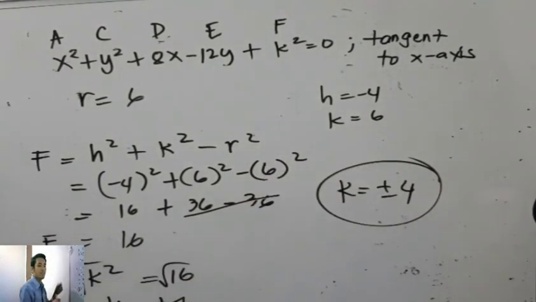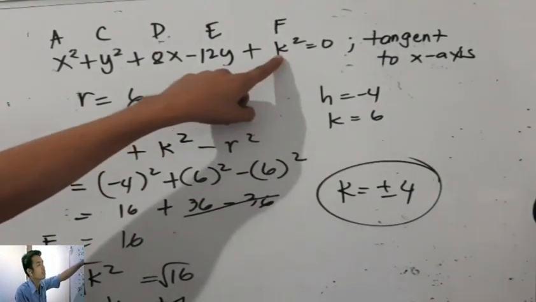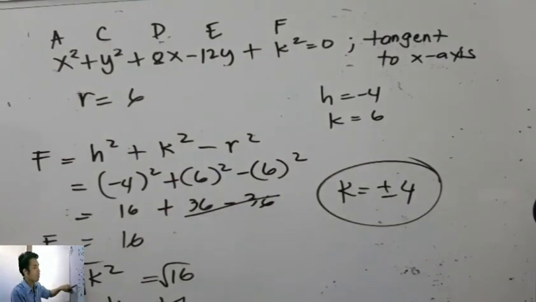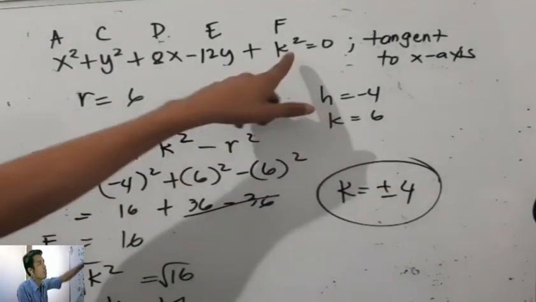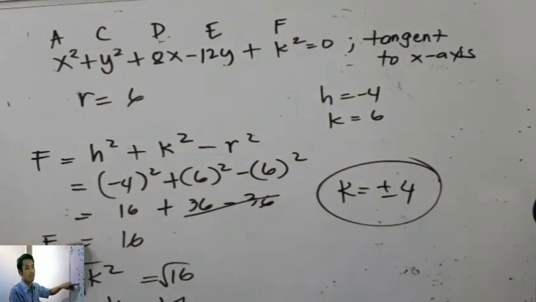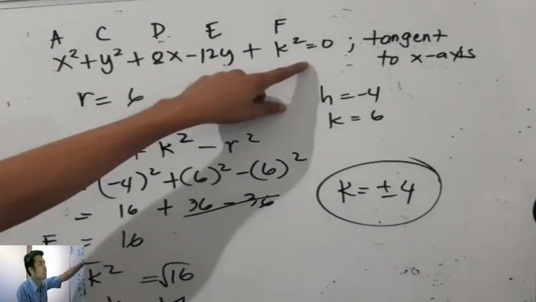So this is now the values of k. If you substitute positive 4 here, squared, that is 16, so f is 16. It's satisfied. If k is negative 4, negative 4 squared is also 16, so it's satisfied also from our general equation of the circle.